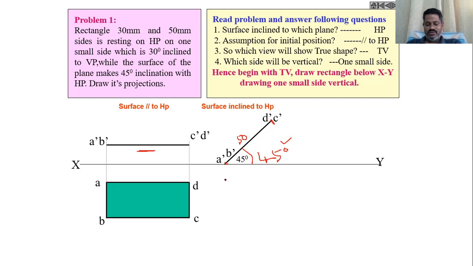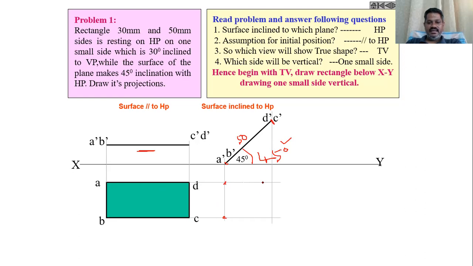Then you project all these points like this: A dash, B dash and C dash, D dash. Project to get the top view. A dash and A, we will get one point here. Then B dash and B, we will get one more point here.